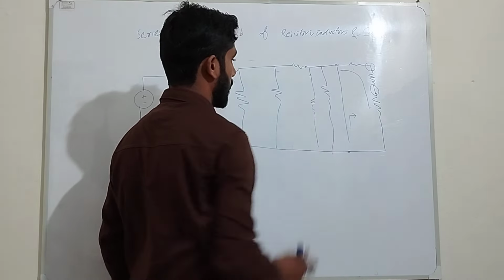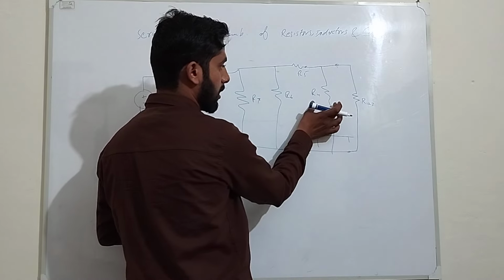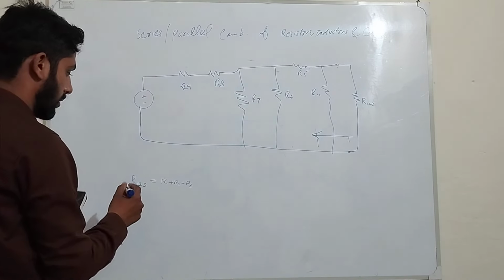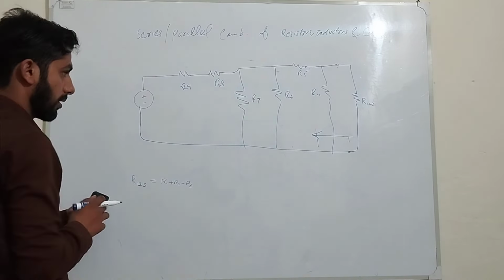I will have an equivalent resistor of R123. Now here you can see R123 is in parallel with R4. So calculate its equivalent resistor and rename it. R1234 will be equal to R123 in parallel with R4, which is equal to R123 times R4 divided by R123 plus R4.